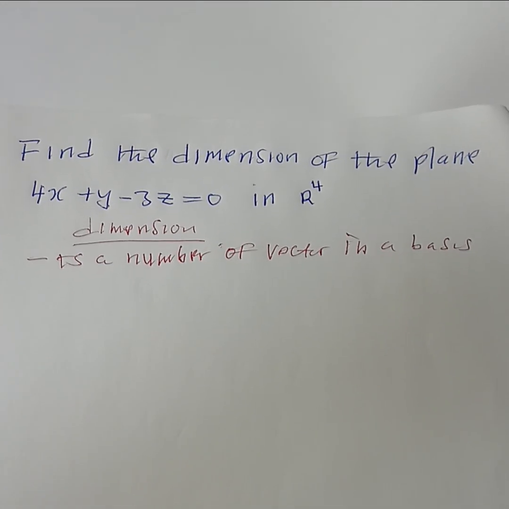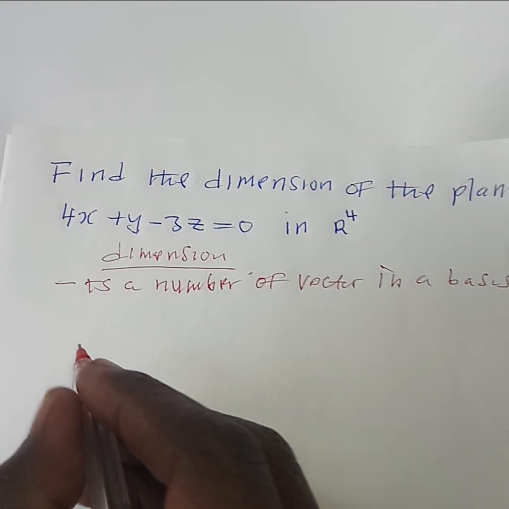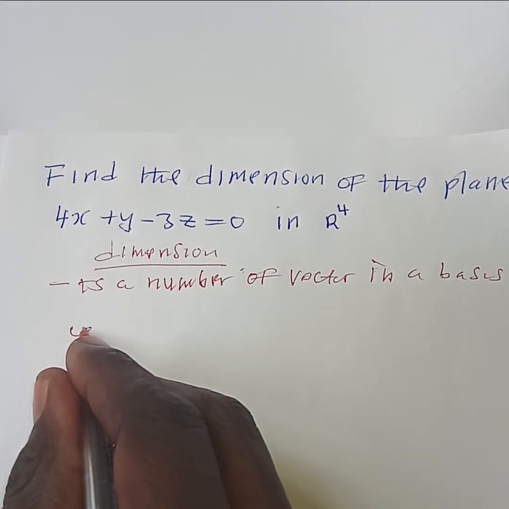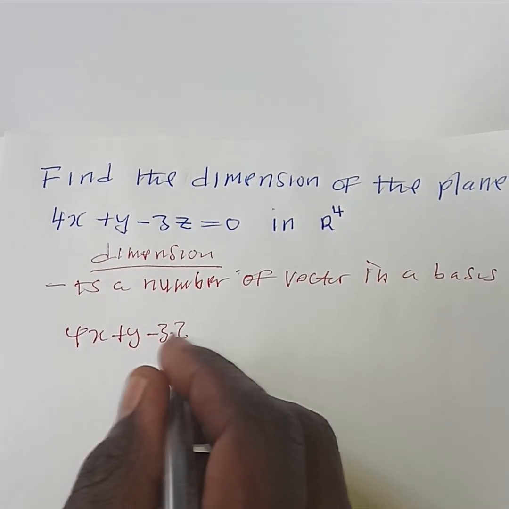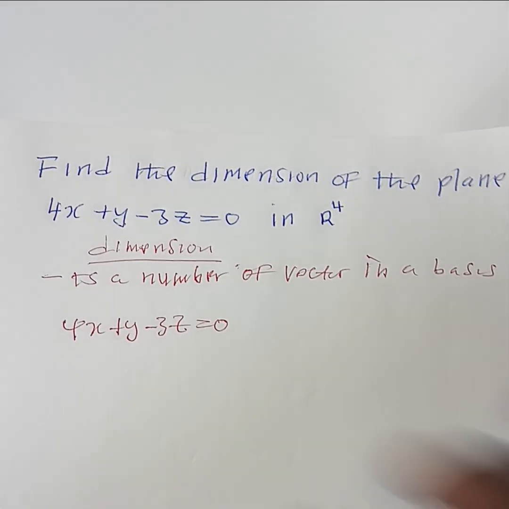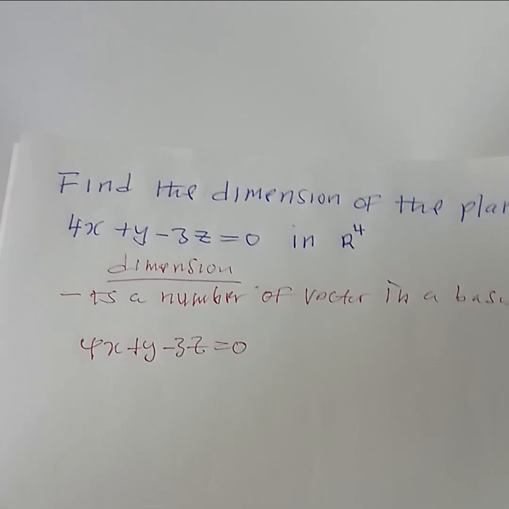We are told to find the dimension of the plane 4x plus y minus 3z equals 0 in 4 dimension.